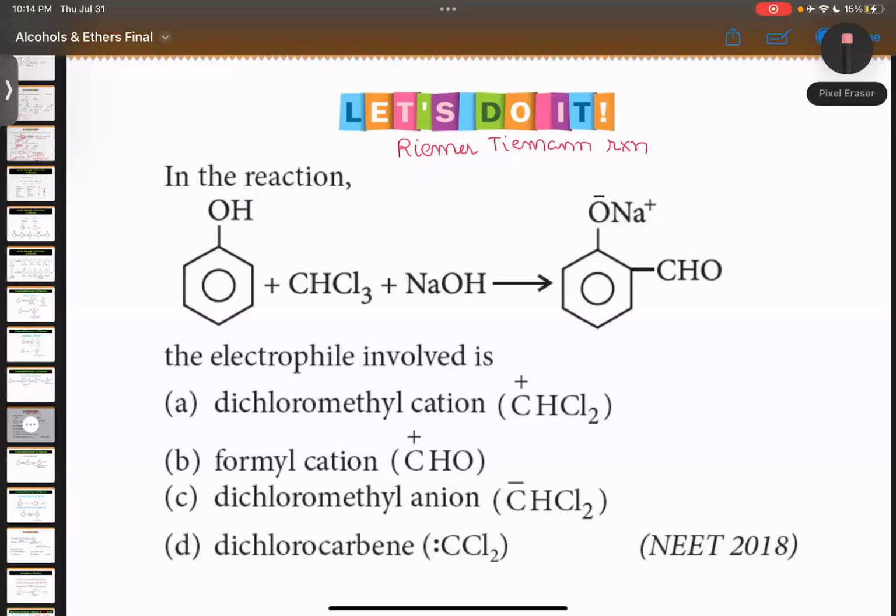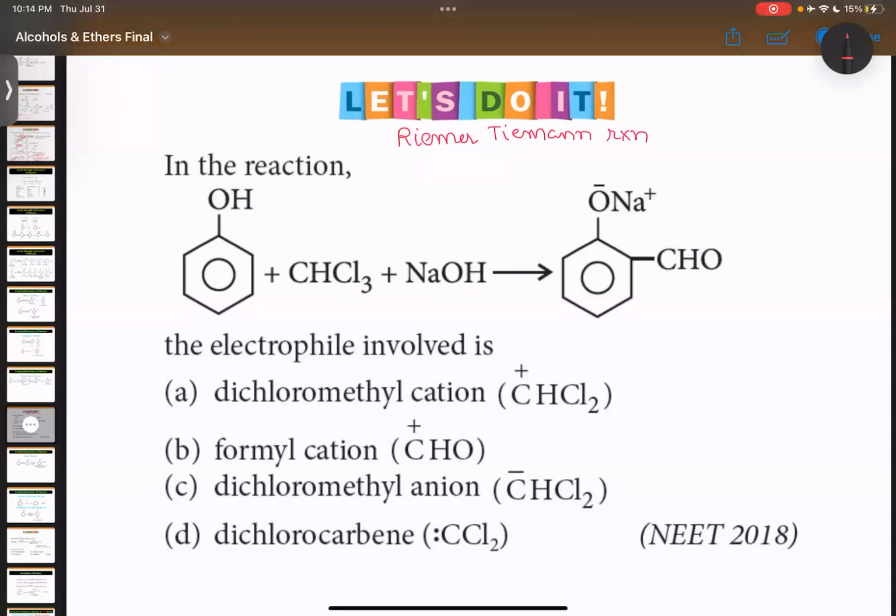So what is going to happen to this chloroform? That you need to tell me. What intermediate do you get from the chloroform? Bases can remove HCl. I can give you a hint. So from chloroform, remove the HCl.